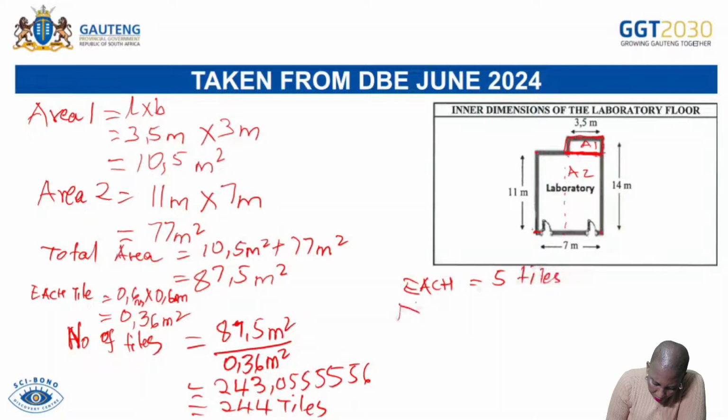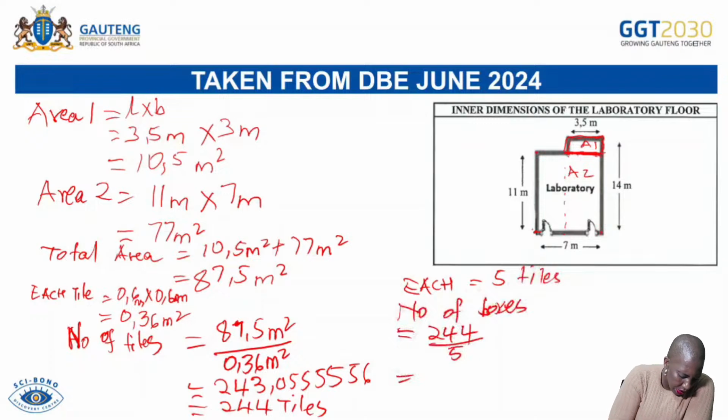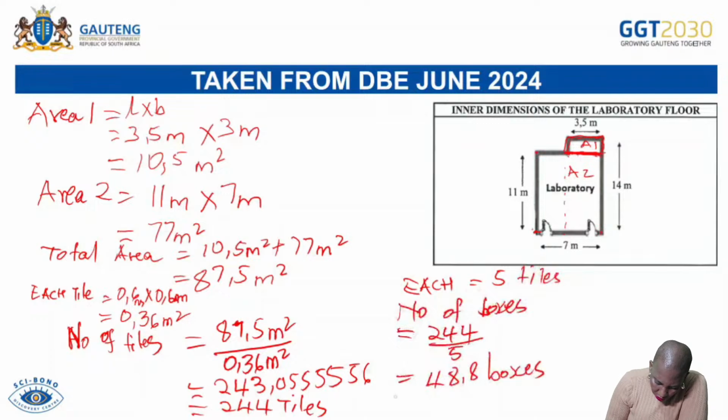So number of boxes will be 244 divided by 5, and 244 divided by 5 will get the answer to be 48.8 boxes. But there's no 48.8, that means we'll buy 49 boxes.